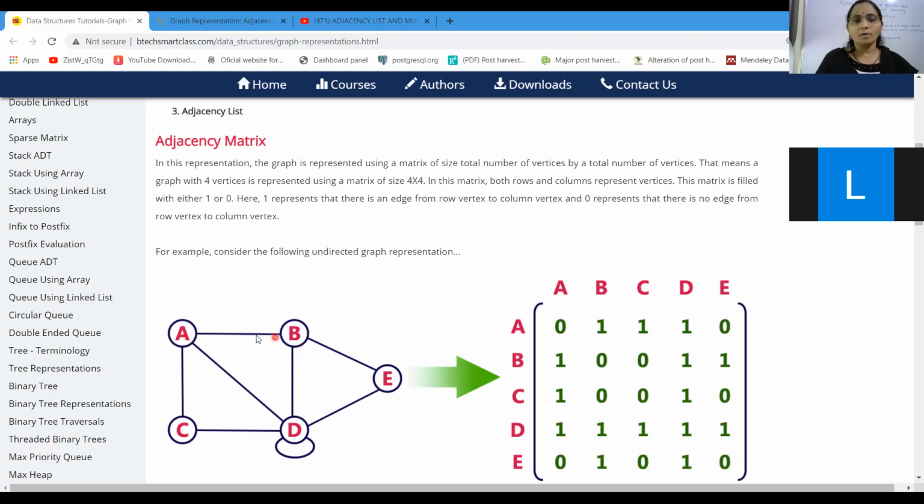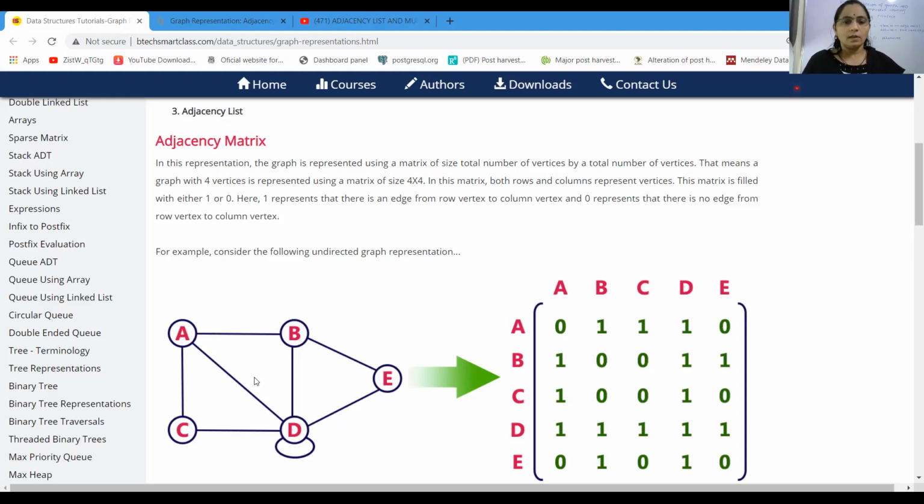See, from A to B, only a line is present and no direction is given here. So now you have to learn how this given undirected graph is represented into the adjacency matrix.